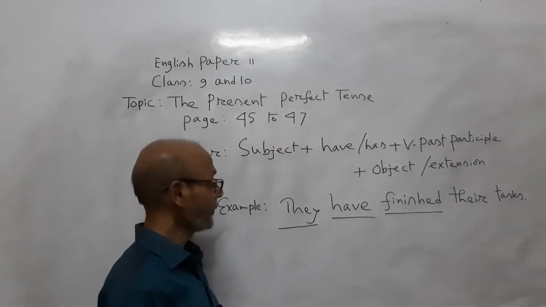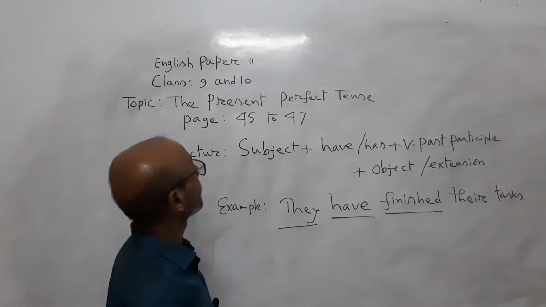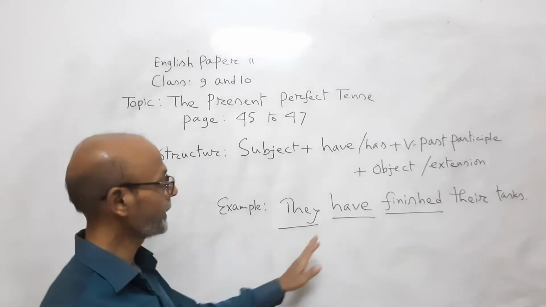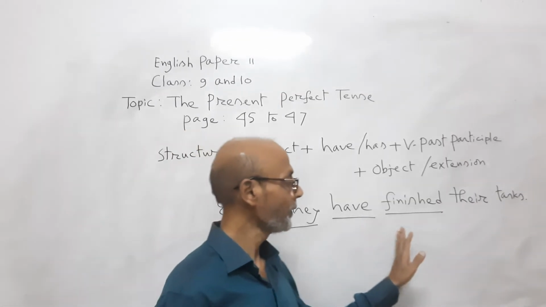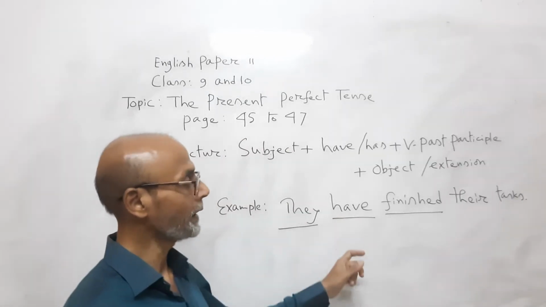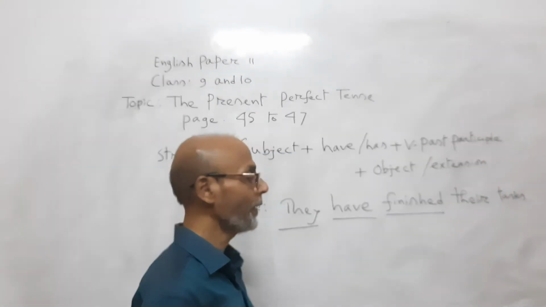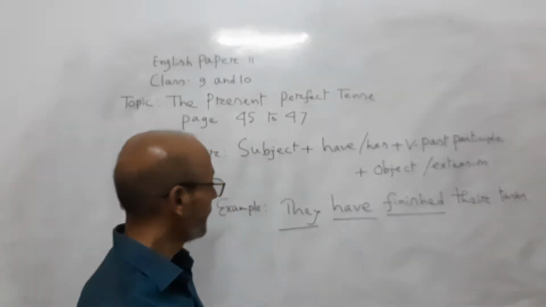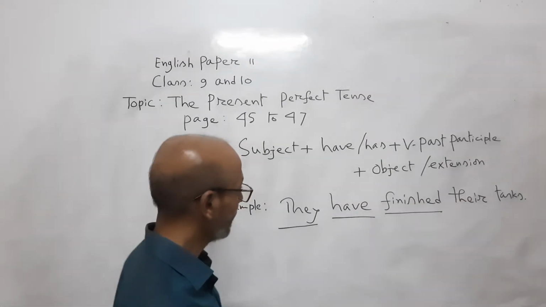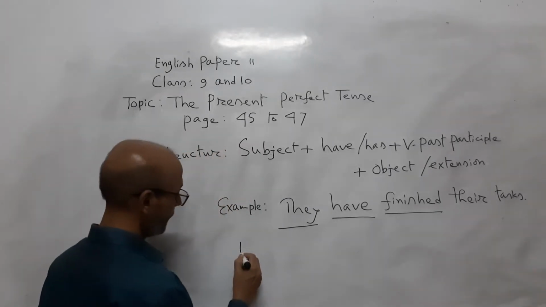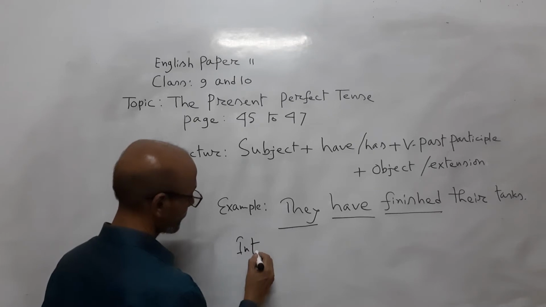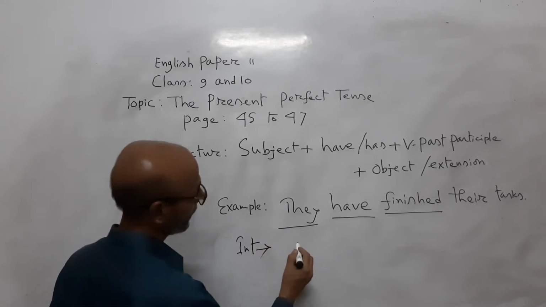Such type of sentence, such type of tense, is called present perfect tense. The tasks already have been finished by the subject, but the result is yet vital. This is the affirmative form. If we make it interrogative, what you have to write?